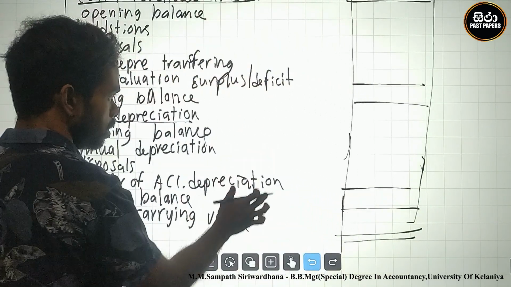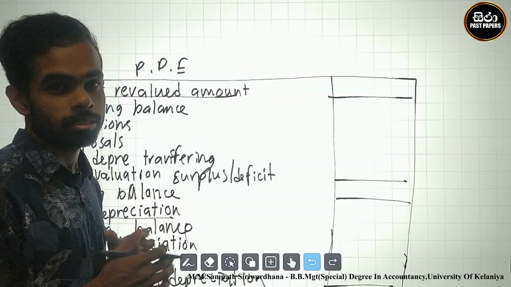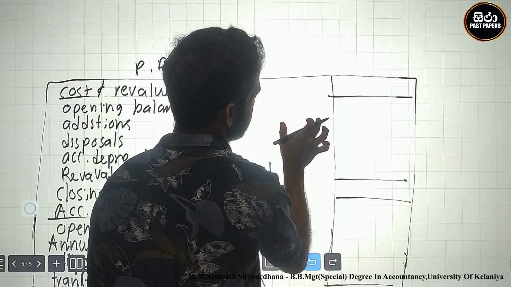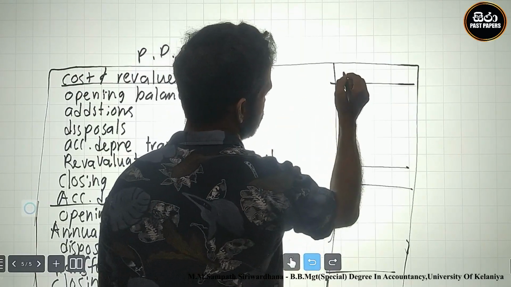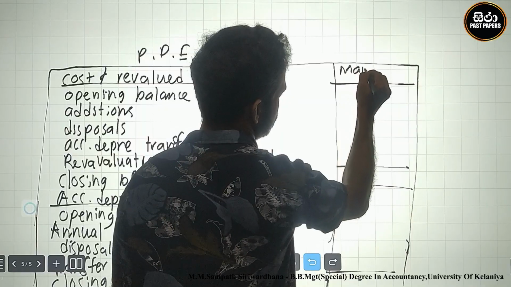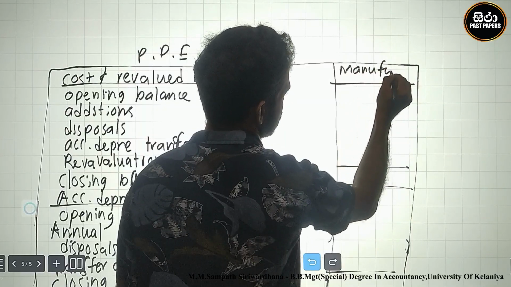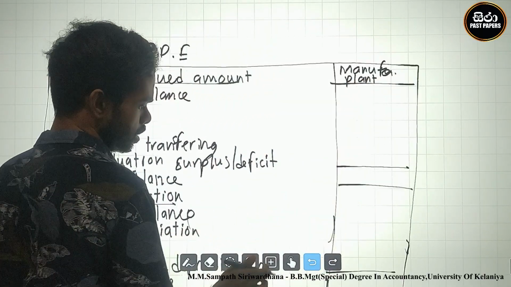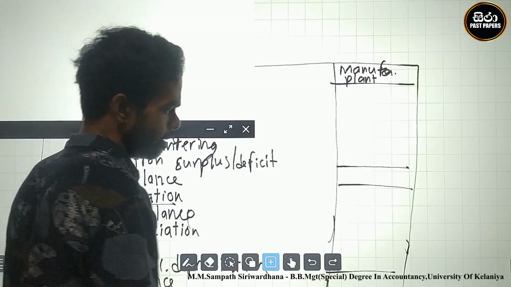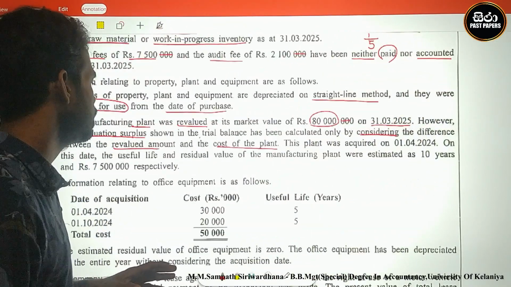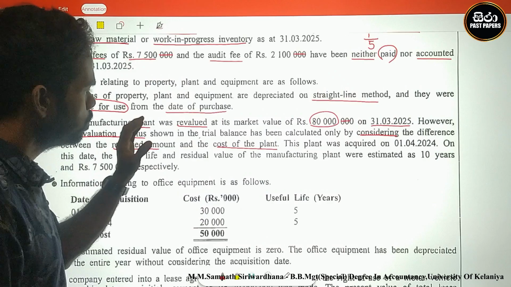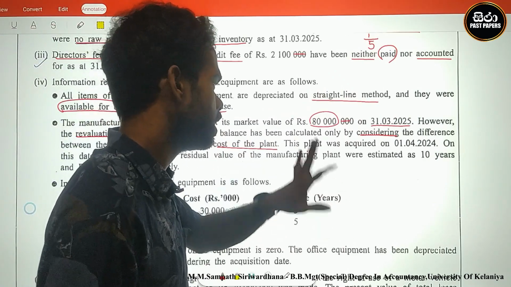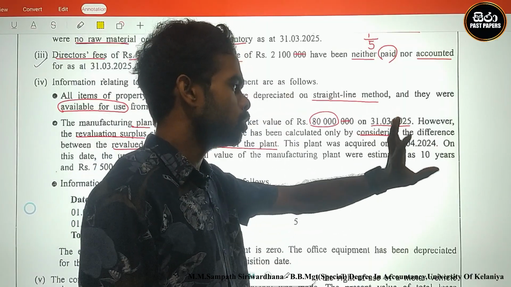Okay, next, firstly we identified there's a manufacturing plant. I write that manufacturing plant. Okay, let's see the question. They said that the manufacturing plant was revalued at its market value of 80 million on 31st March 2025.